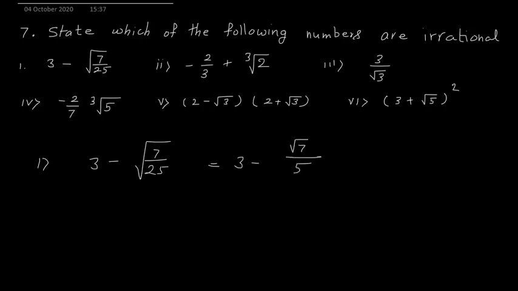Now root 7 is an irrational number, therefore root 7 upon 5 is irrational, 3 is rational, so addition or subtraction of one rational and one irrational number is irrational. So this number, 3 minus root 7 upon 5, is an irrational number.